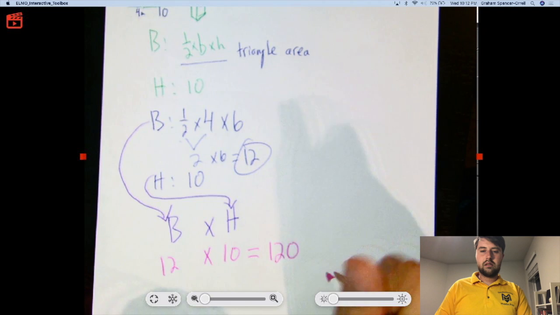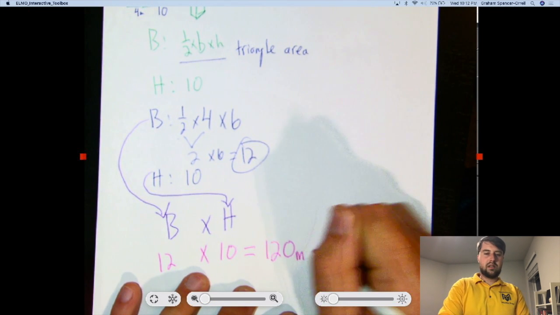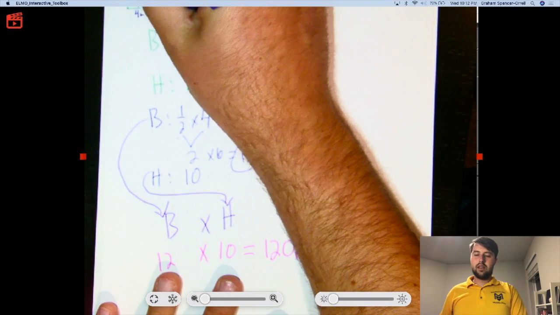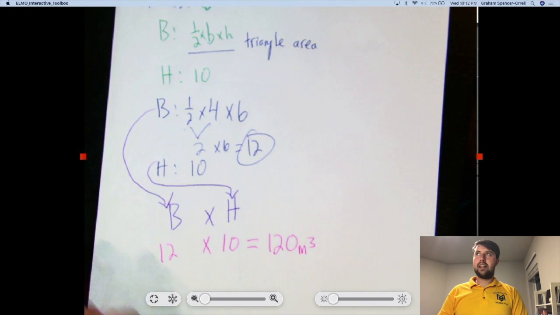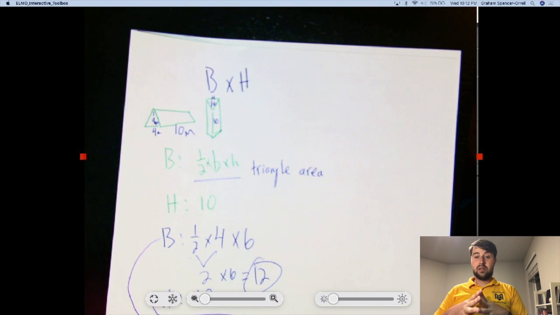Our unit is meters, so we make that meters cubed. Forgot to label that up there. So the volume, the amount of space in that triangular prism, is 120 meters cubed.